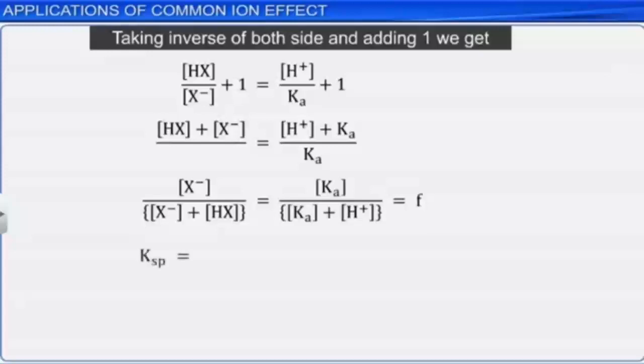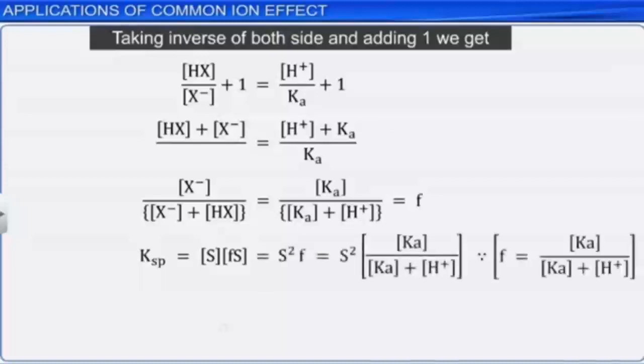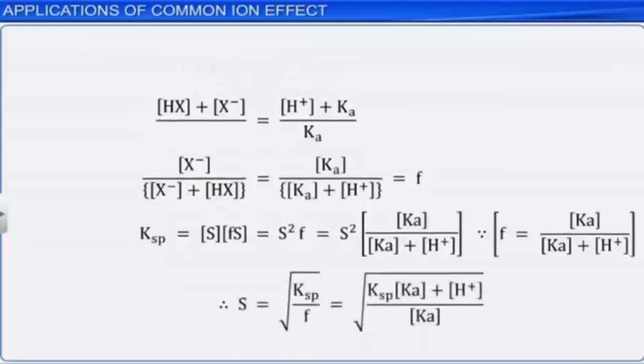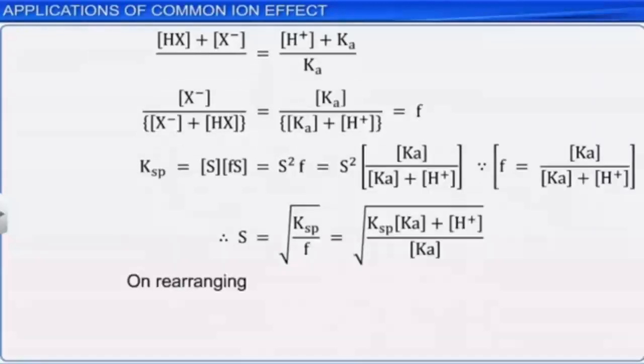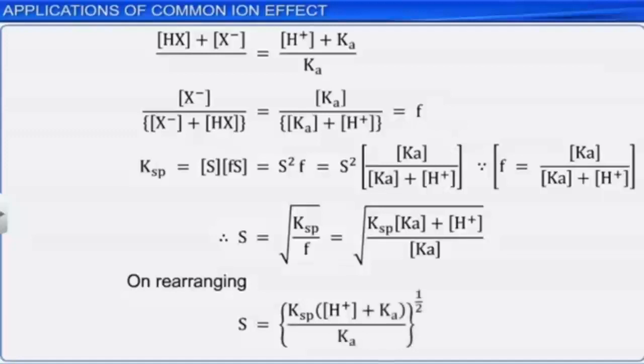That is, equal to the product of S squared and F. Therefore, solubility is equal to the square root of Ksp divided by F. On rearranging the equation, we get solubility S is equal to the product of Ksp and ([H⁺] plus Ka) divided by Ka, whole to the power half. So we can conclude that solubility increases with a decrease in pH or an increase in H⁺ ion concentration.